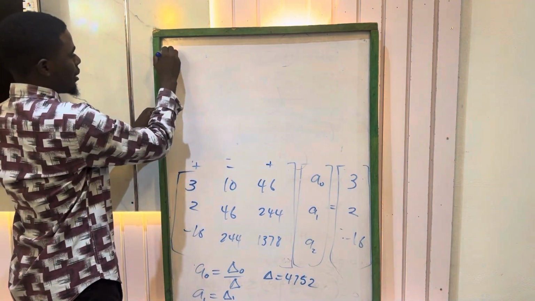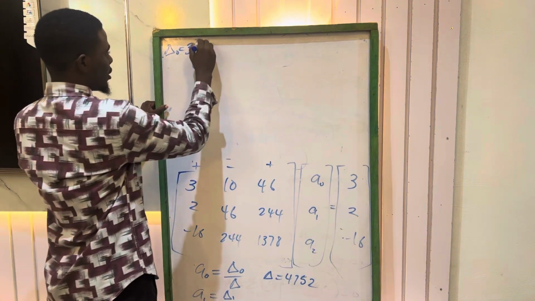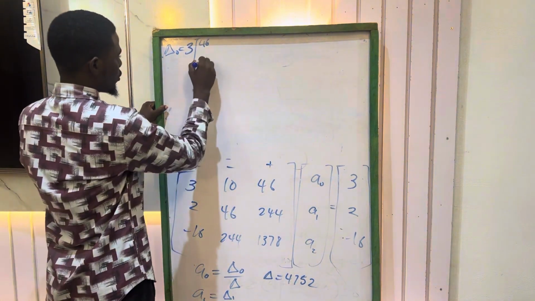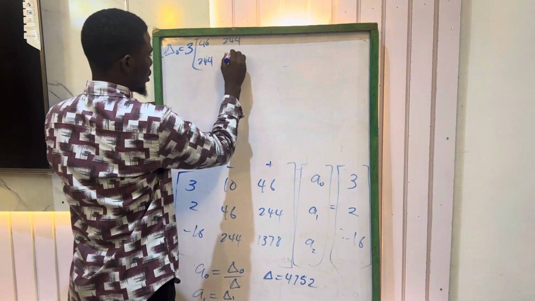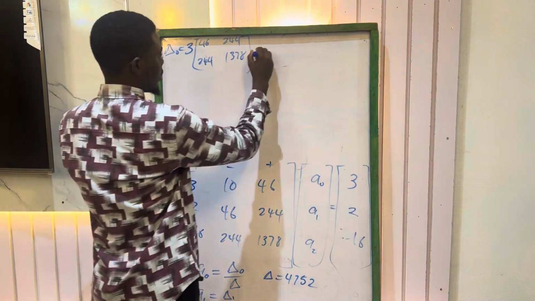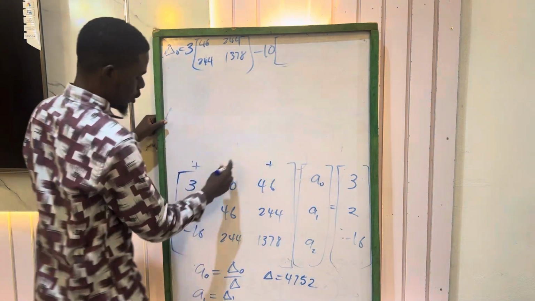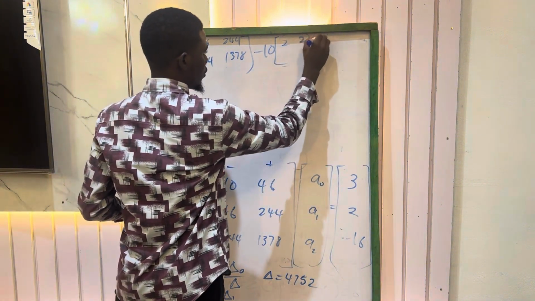So our delta naught is going to be equal to 3, that is going to be 46, then we're going to have 244 here, 244 again, then 1378. Then that's going to be minus 10. Then when you close here and close here, you're going to be having 244.